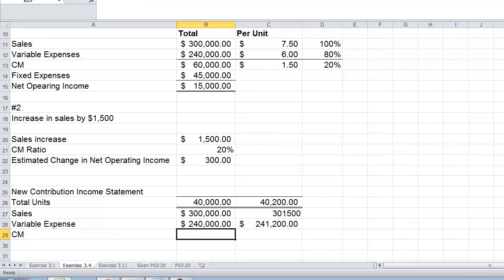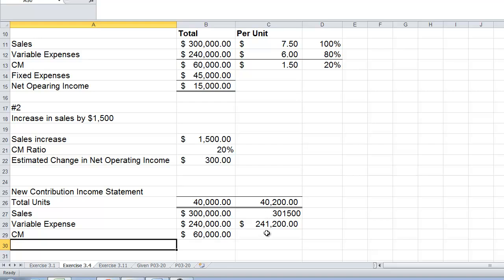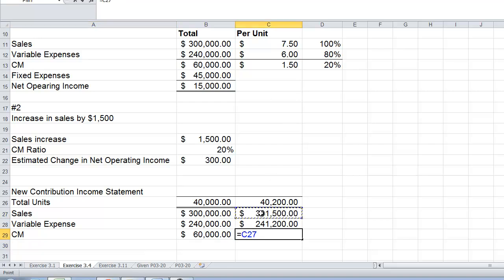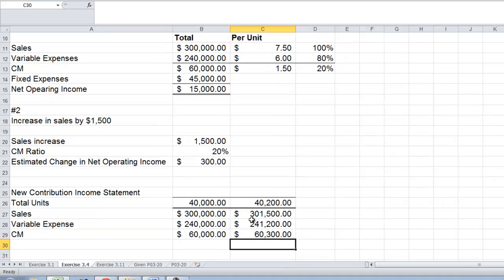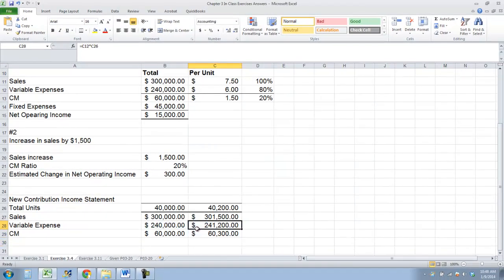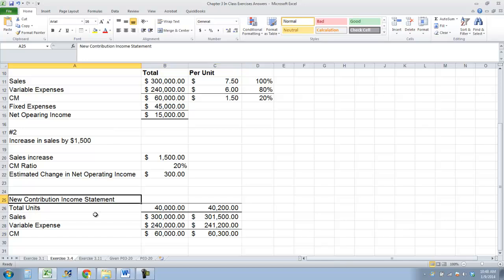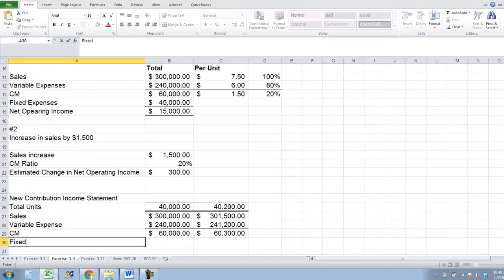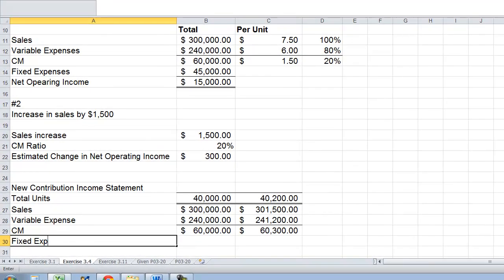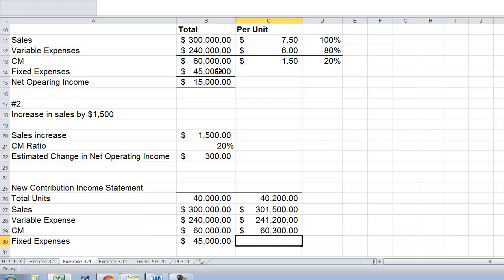So our CM, and this is just all practice, we'll use this a lot, is sales minus variable expenses on each side. And we have an increase in the contribution margin of $300. We have fixed expenses. This does not change. So our fixed expenses are 45,000 on each side.